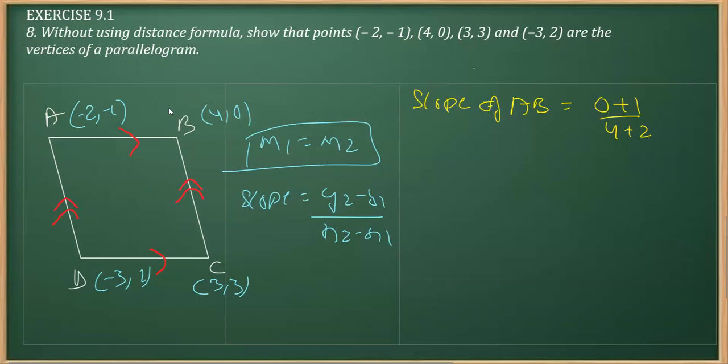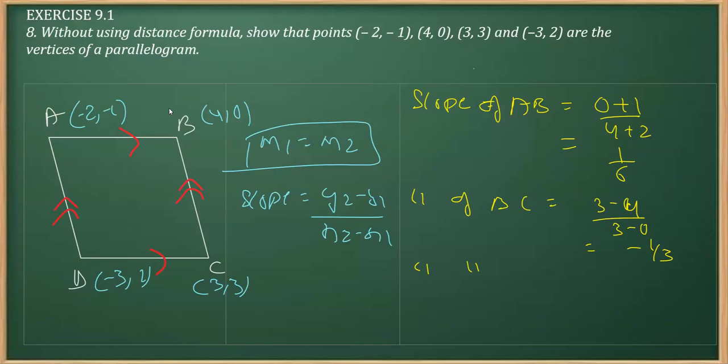On calculating, we get the slope of AB as 1 over 6. Similarly, the slope of BC using the same relation is 3 minus 4 divided by 3 minus 0, so we get minus 1 over 3.